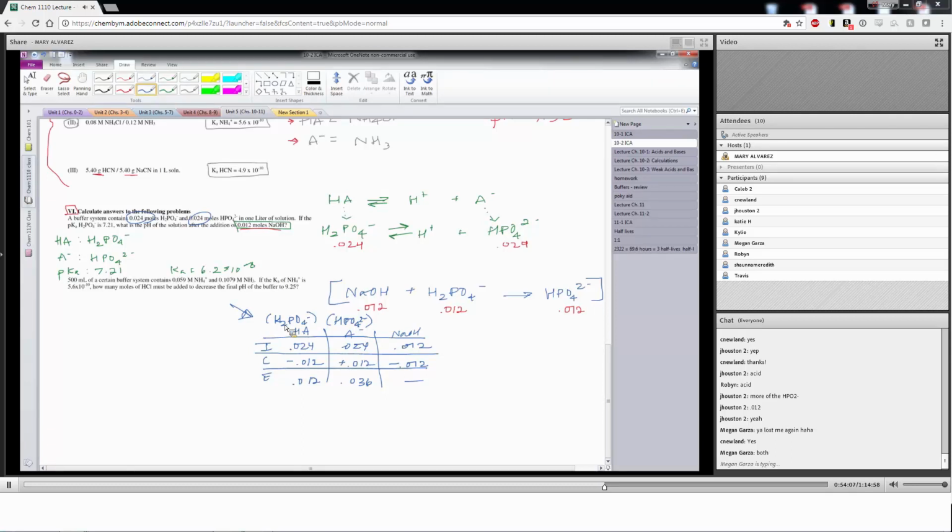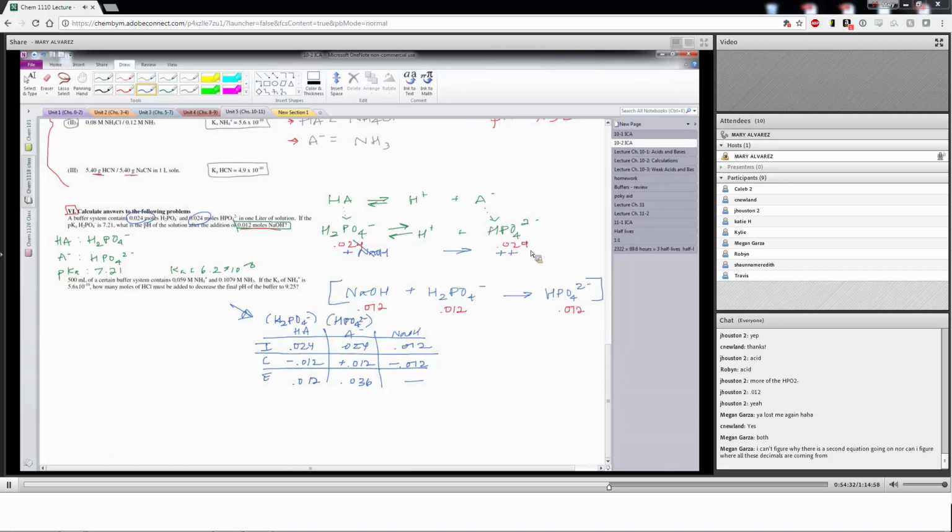Gotcha. I hear you. Well, maybe you don't want to put it into a separate thing. If you're going to recognize the sodium hydroxide is going to react with the acid, you could say, let's put the sodium hydroxide here. So that's going to consume some of that acid and push it over to that direction. I don't know if that helps make sense, but that's essentially what you're doing.